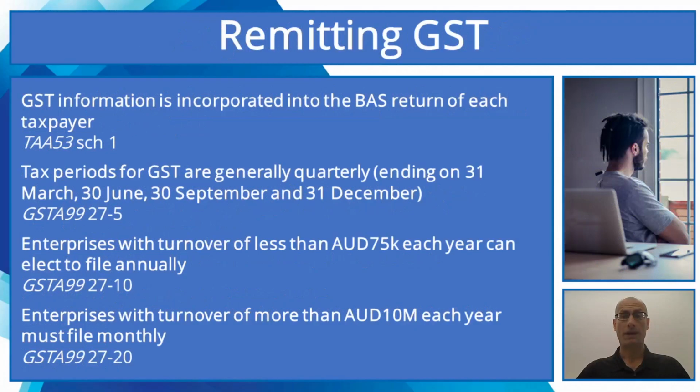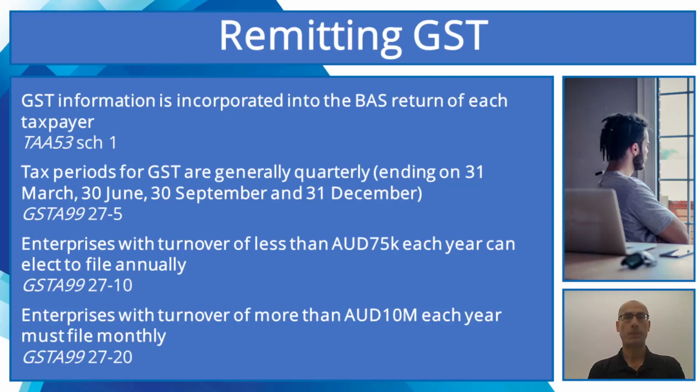So how does one pay GST? Well, anyone in business will be familiar with the concept of the BAS return. Now, the business activity statement, it's a formal document that a taxpayer is required to fill in and complete for a variety of regulatory mechanisms.